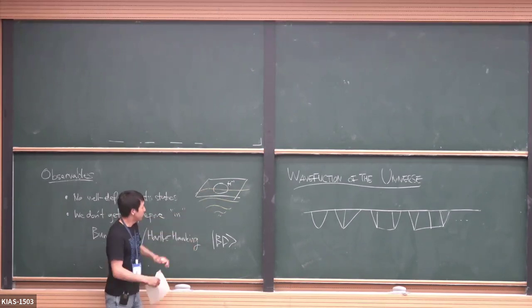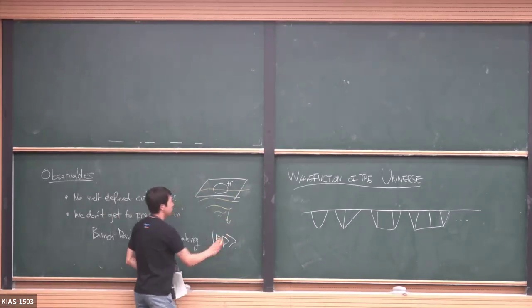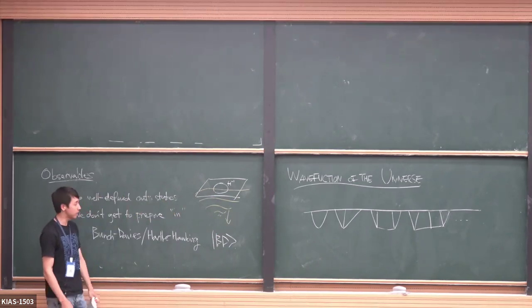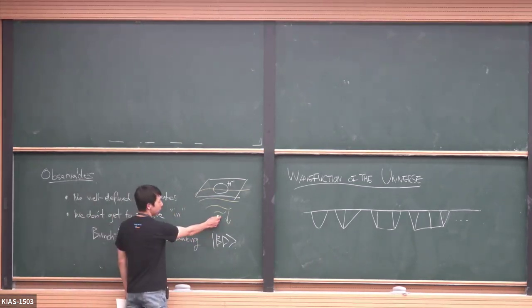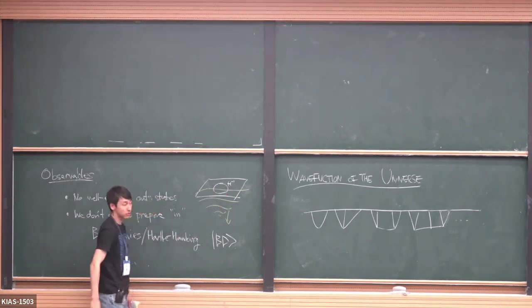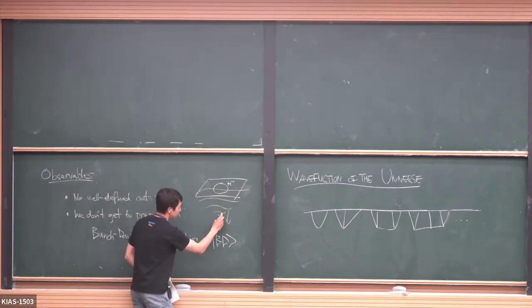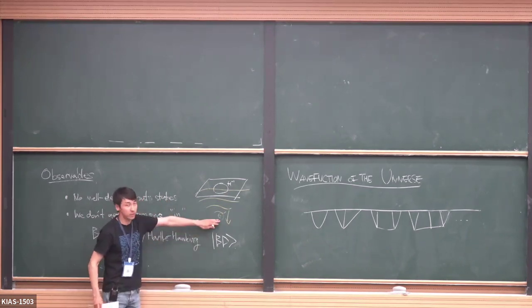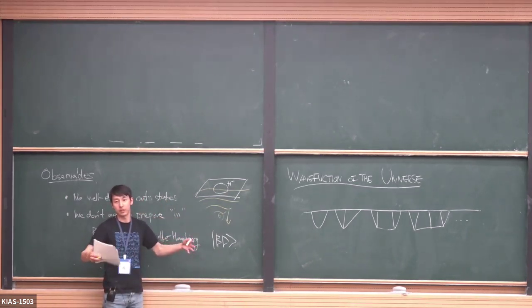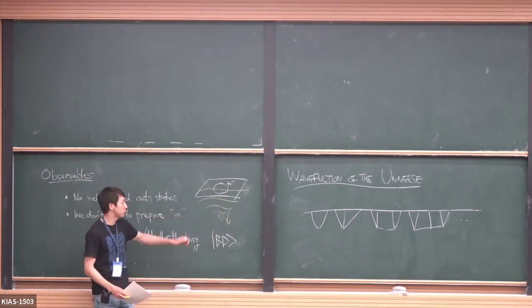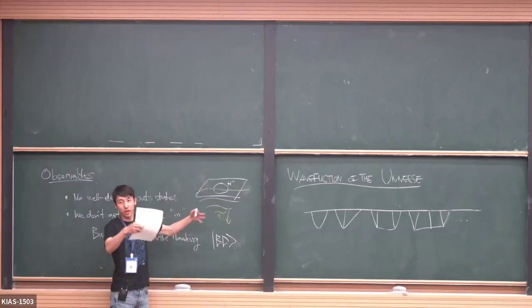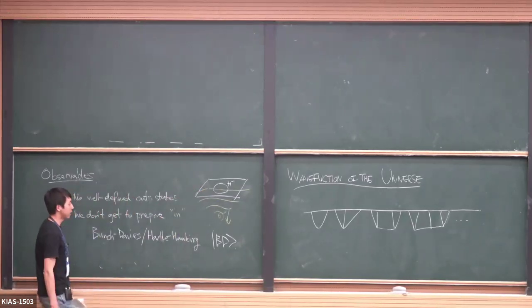But when we go to the far past, these fluctuations have a wavelength much smaller than the size of the horizon. So from the point of view of these little fluctuations, they effectively feel like the background is flat. They don't really feel the curvature that they can feel at late times.